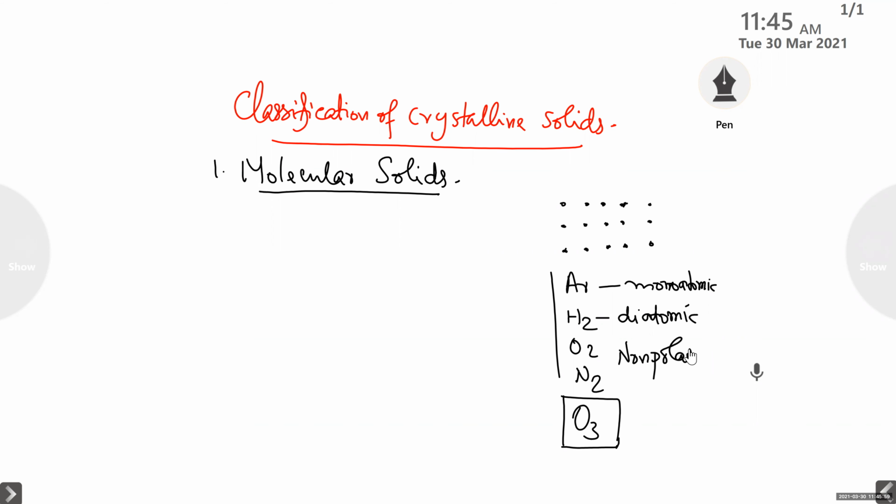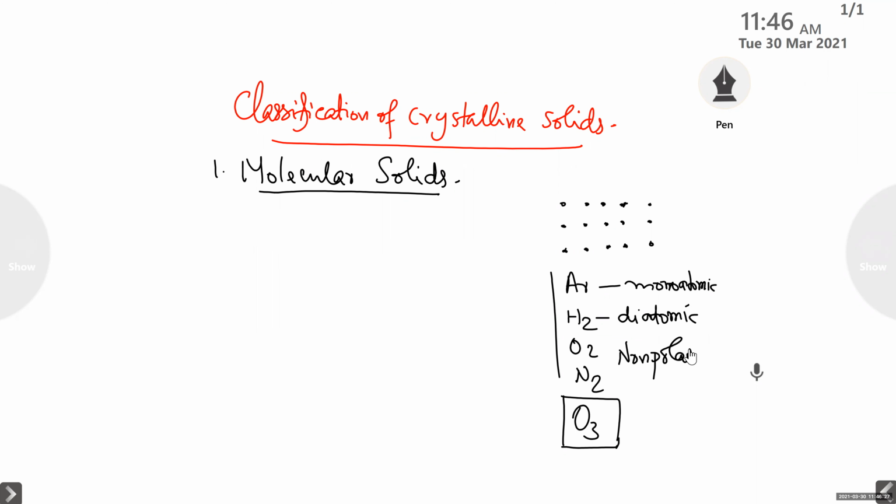There will be attraction between such temporary, transient dipoles, and that's called the dispersion force or the London force. London is the name of a scientist, not the London city.